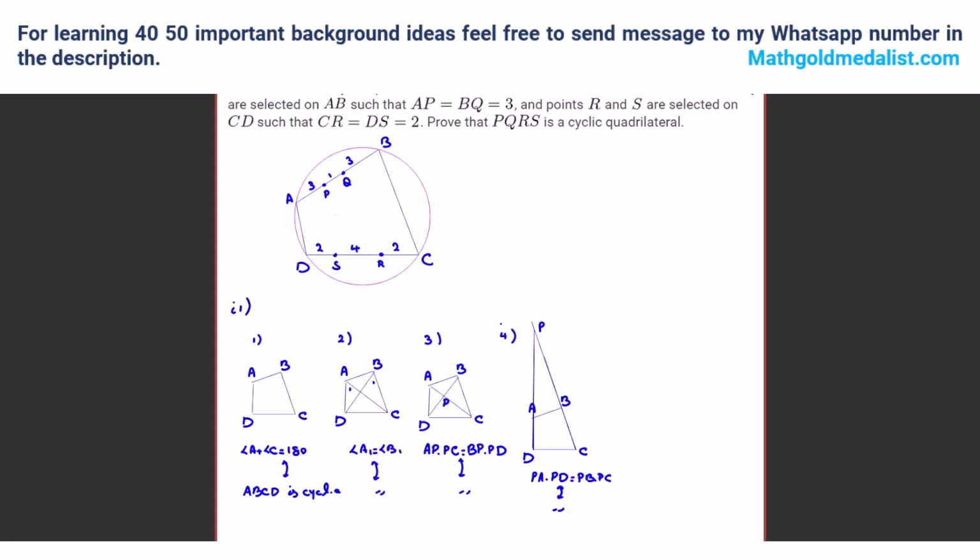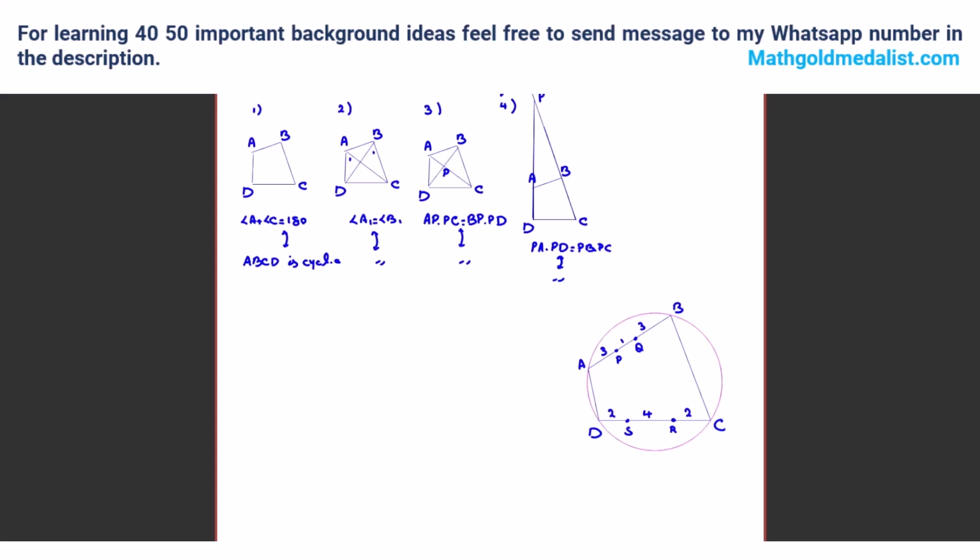So we should use the 4th rule and extend these two lengths. Let's extend AB and CD like this, and let's call the intersection point T.